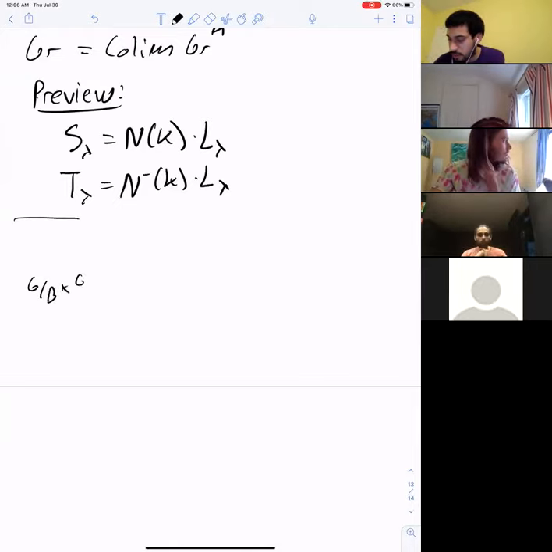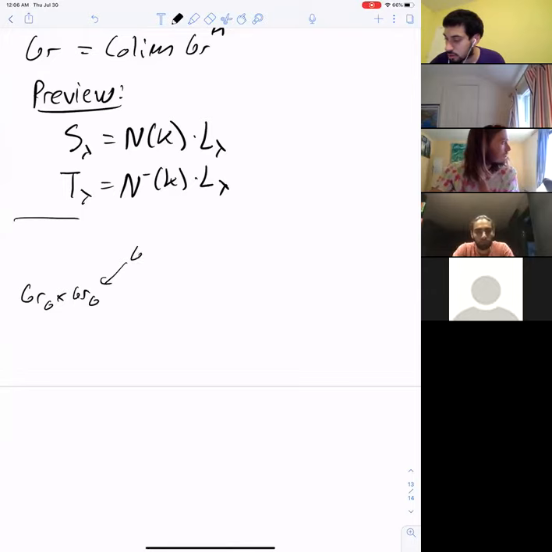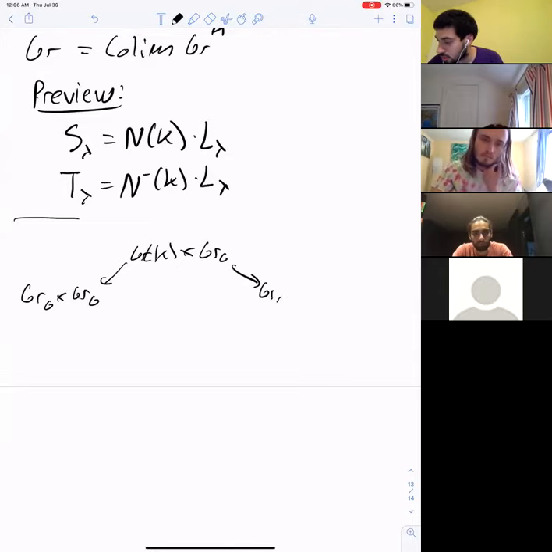Yeah, I know the diagram. If I remember correctly, we're going to have GRG plus GRG goes to, upstairs, this, and then GRG like this.